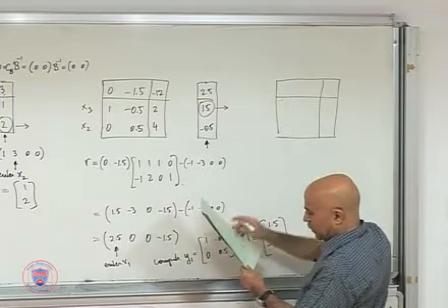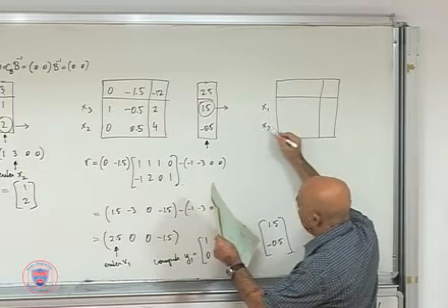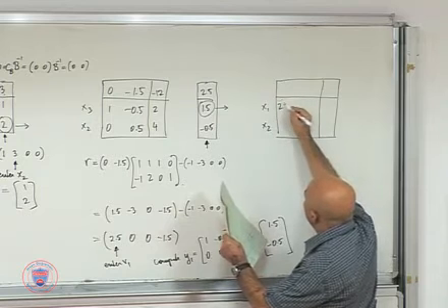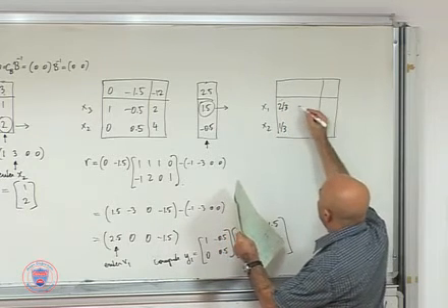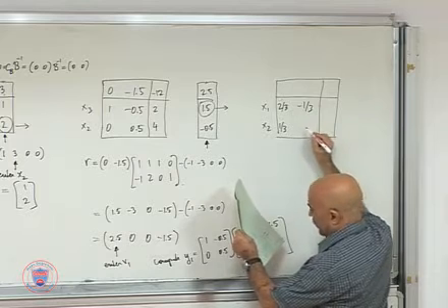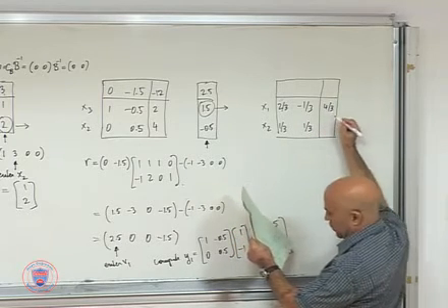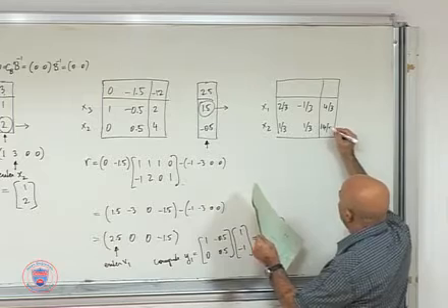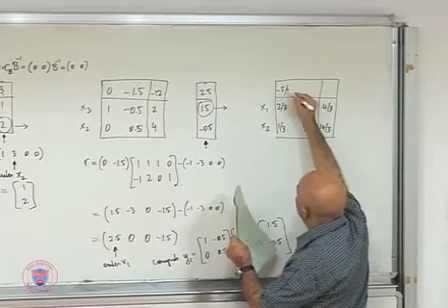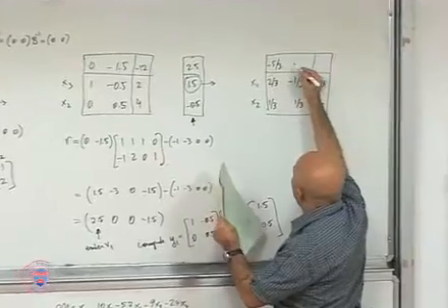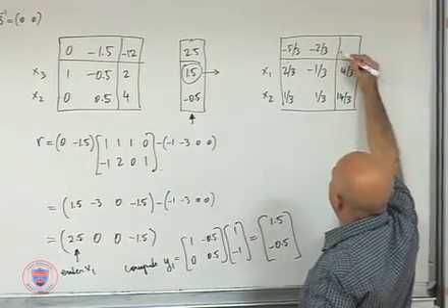After the pivoting, what we have is the following. 2/3, 1/3, minus 1/3, 1/3, 4/3, 14/3, minus 5/3, minus 2/3 at the top, and minus 46/3.